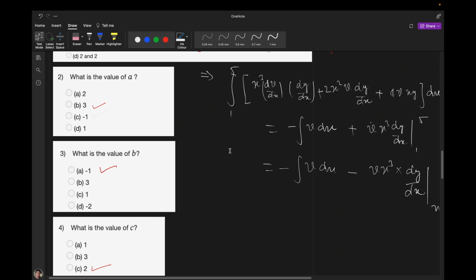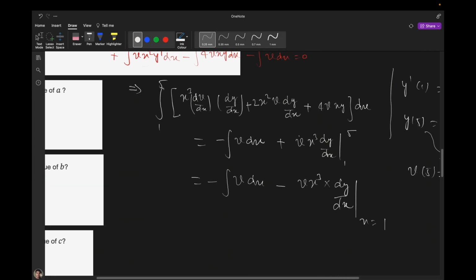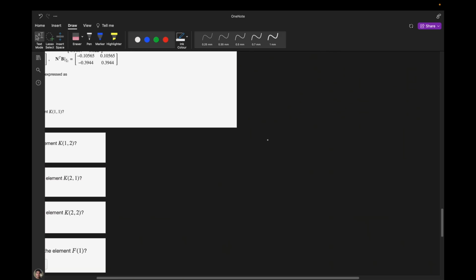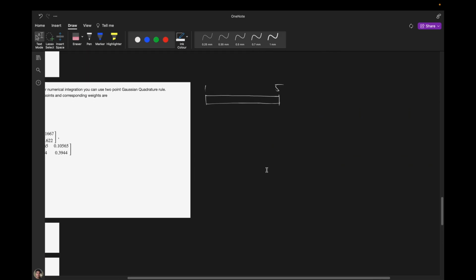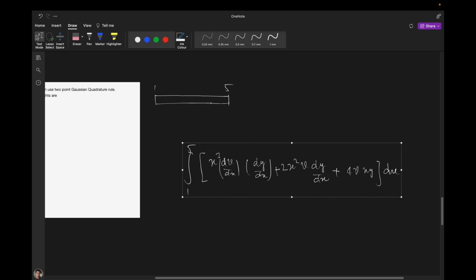Now we have already created this variational statement. So this is our stiffness matrix, and we will write it as K here.